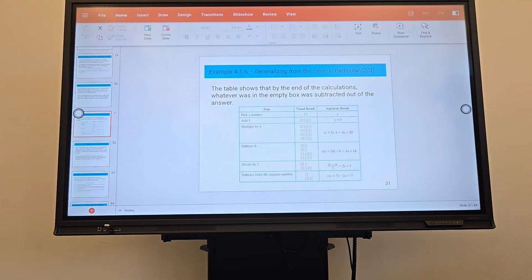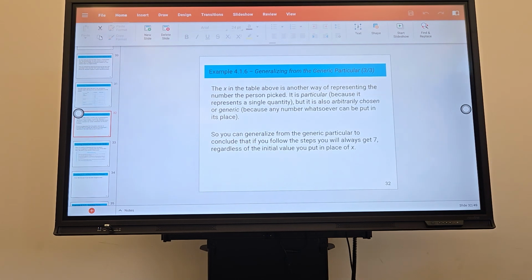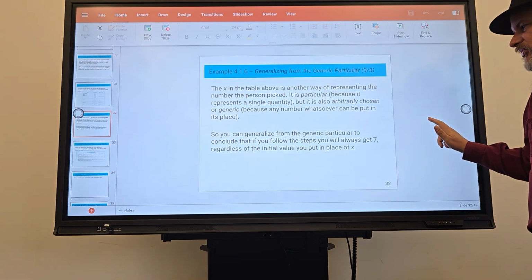So that is generalizing from a generic particular. You can conclude that the following steps will always get you 7. You follow the steps, you will always get 7, regardless of the initial value you put in place of x.